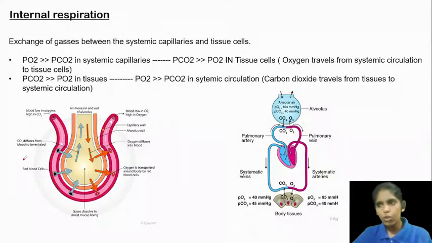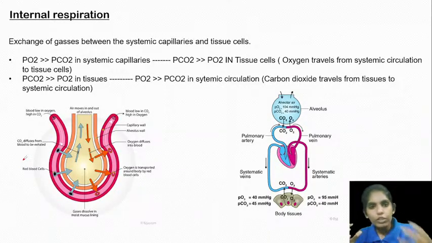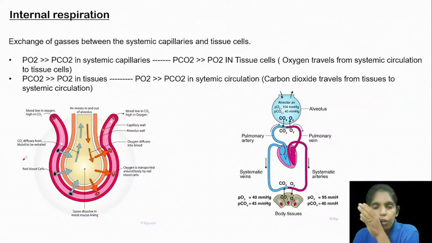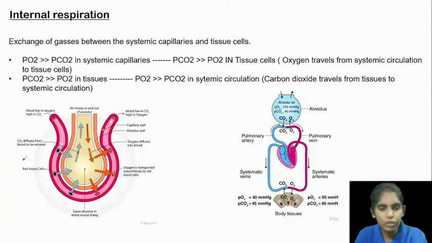In the blood capillaries, as the oxygen, in the earlier step, travels and enters into the blood circulation, the partial pressure in the blood circulation is high now, and in the tissues the partial pressure is less. So that's why the oxygen will travel from the blood circulation to the tissues.